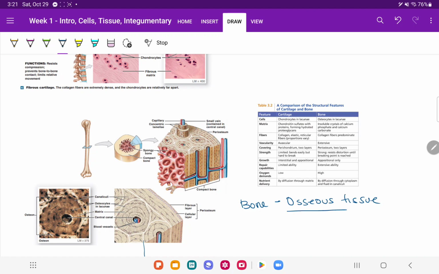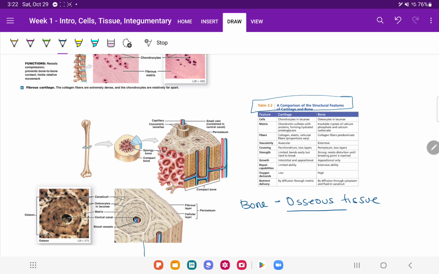That's what bone is called, osseous tissue, okay? And so it's different from cartilage, right? I give you these differences right here in this table, the comparison of the structural features of cartilage and bone.